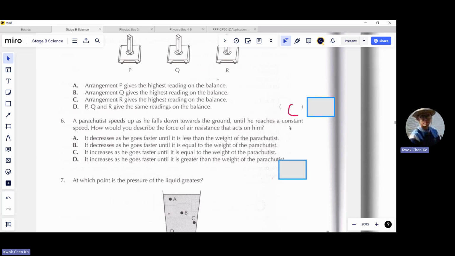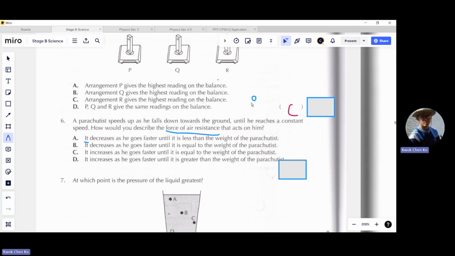It decreases, that air resistance, force of air resistance. Does the air resistance have weight? There's nothing about weight, right? It's a force, less than the weight of the parachute.